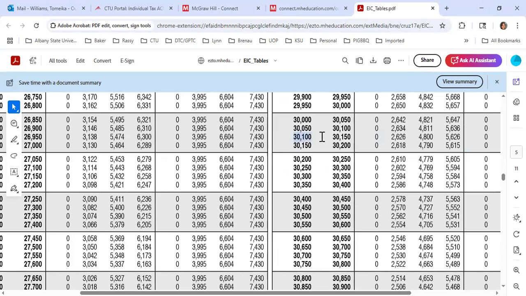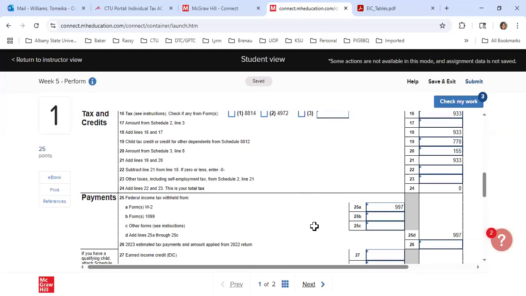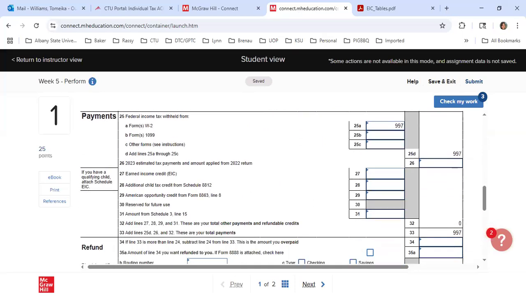So that is more than 30,100, but less than 30,150. And for a head of household with one dependent, it comes out to 2,626. That would be the earned income credit. So we're going to come down here to box 27, and we're going to enter 2,626.